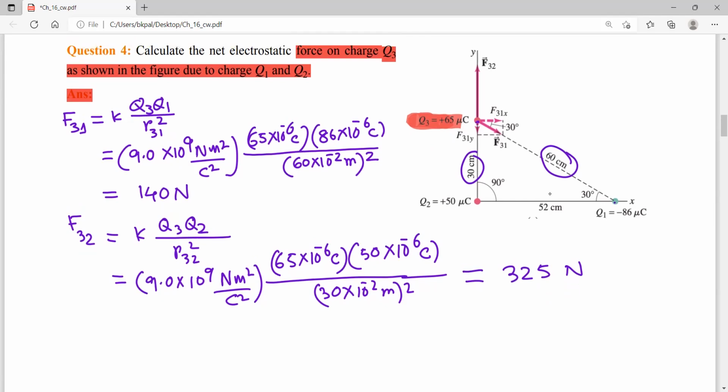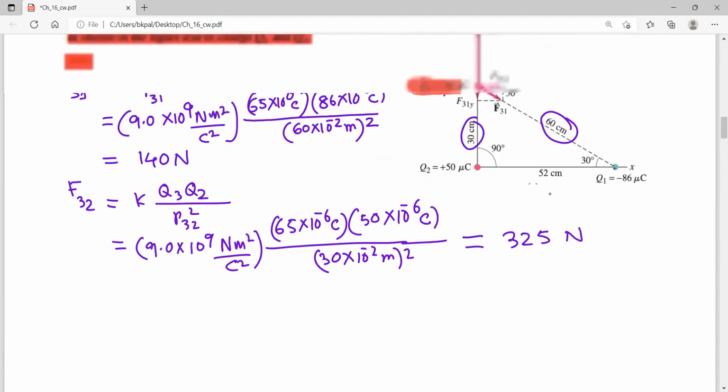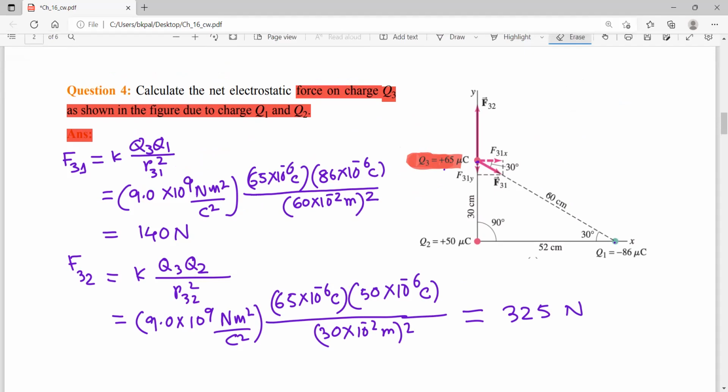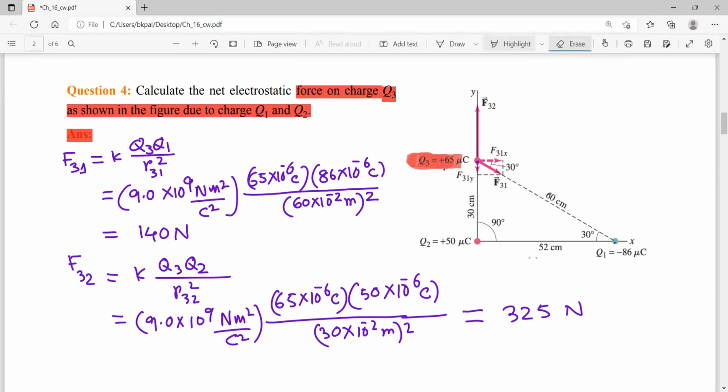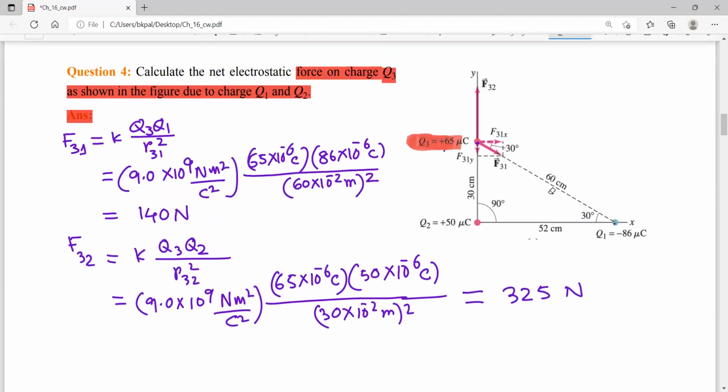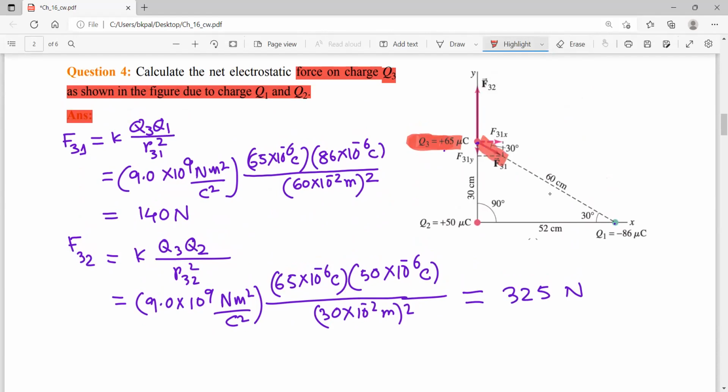Here you see that Q3 is positive and Q1 is negative, so there will be an attractive force. So let me make it a little clear. The direction of F31 will be this one.